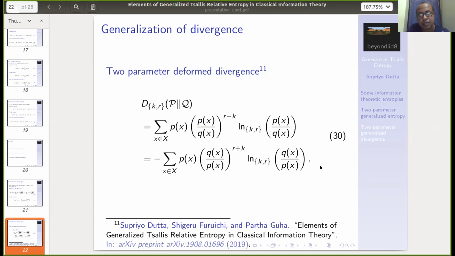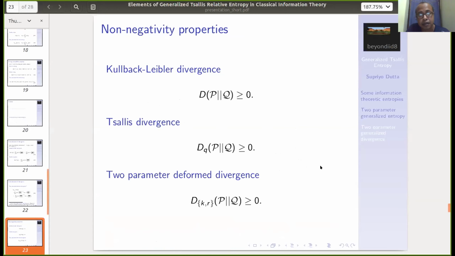This divergence also follows a few similar properties like the Kullback-Leibler divergence and Tsallis divergence. Such as, this is also non-negative.